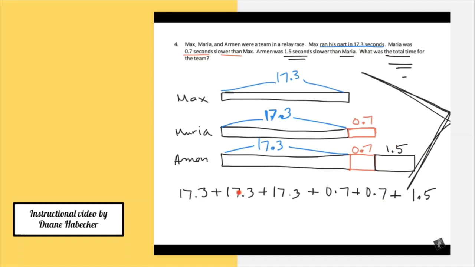So we have to add up 1, 2, 3, 4, 5, 6 decimals in order to get our total time.